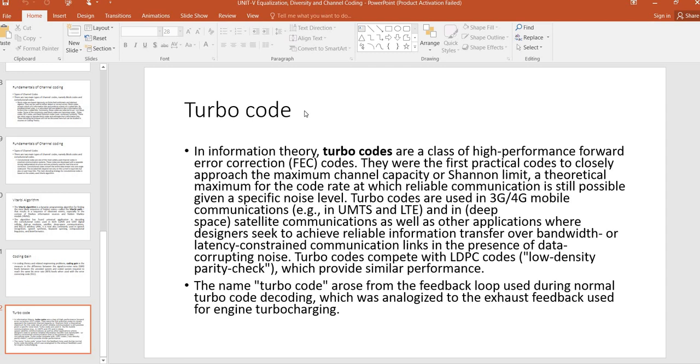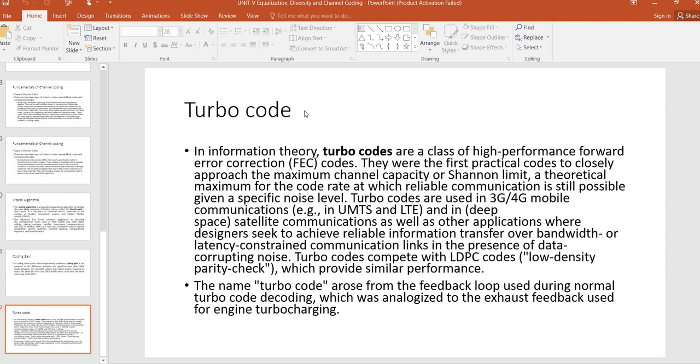So in fast, high-application data transmissions, a very efficient error correction and detection using forward error correction code is required. So this turbo code is very important. Turbo code compares with LDPC code, low density parity check, which provides similar performance.